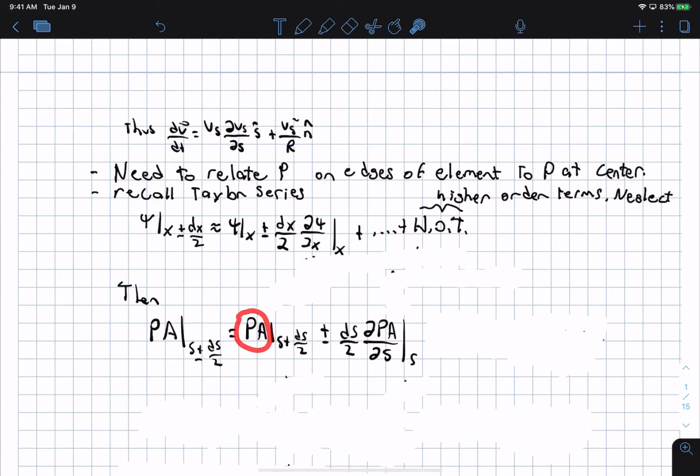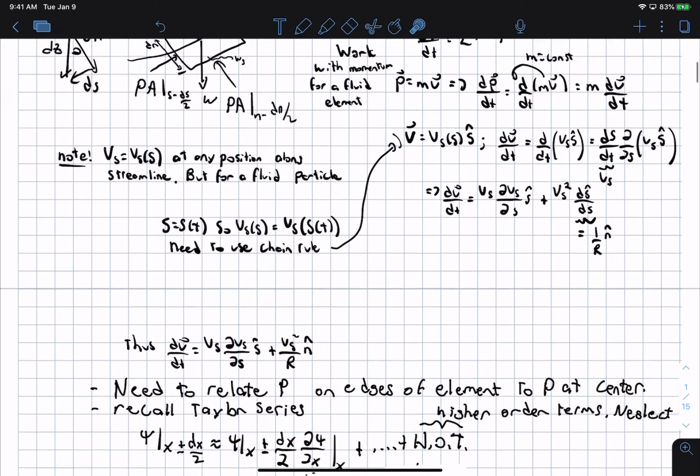We have PA here, so we basically replace psi with PA. And that shouldn't be plus ds over 2, that should just be s. So that would be the pressure times area evaluated at point s plus or minus the distance, which is ds over 2. I'll go back up to the diagram.